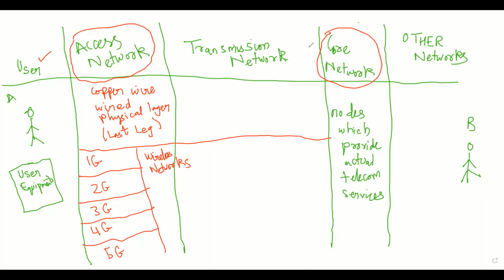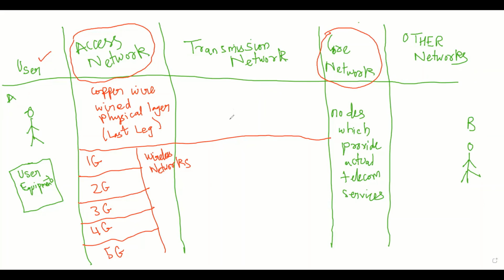So the access network is there to provide access through the physical layer, which can be wired, which can be wireless, to the user and the user equipment so that they can consume a telecommunication service which is being delivered through components, elements inside the core network.